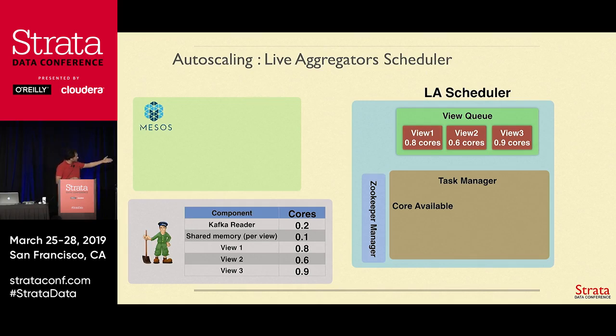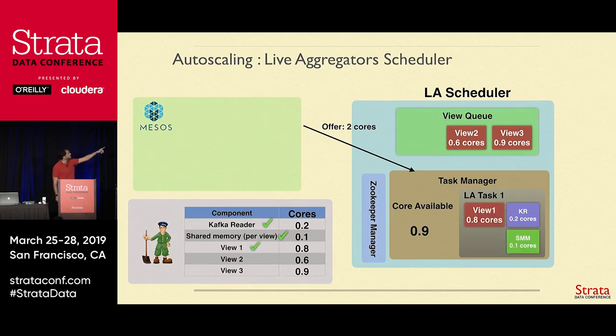Given these numbers for how many cores each of these views needs, let's say that Mesos offers the scheduler 2 cores. The task manager will initially say, okay, I need to consume from this Kafka partition, so I dedicate 0.2 cores to it, so I have 8 cores left.